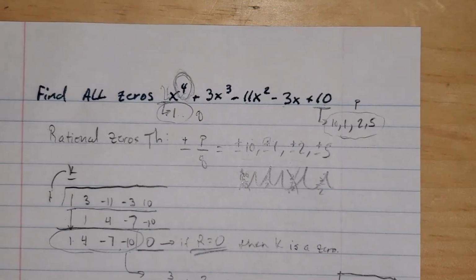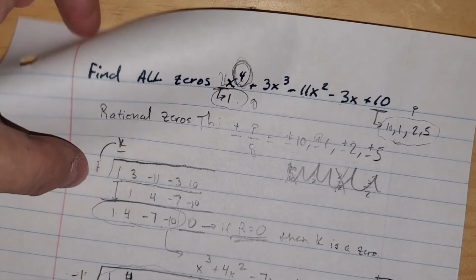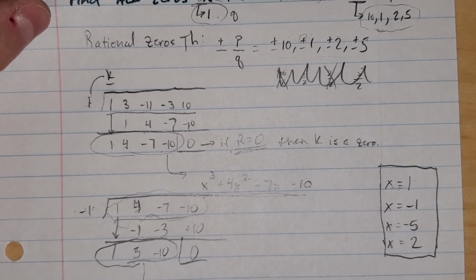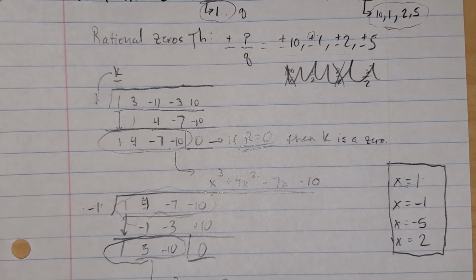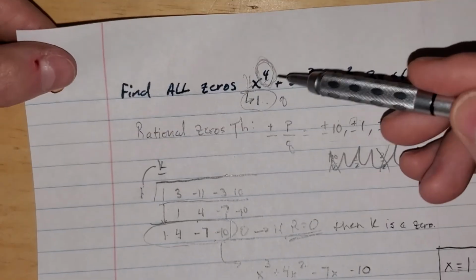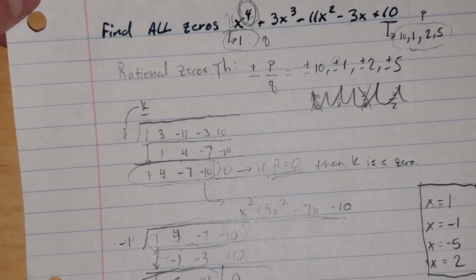And so you come down here and see my answers: 1, 2, 3, 4 answers. So for a fourth degree polynomial, once you find 4 answers, you don't have to keep looking. If this were a fifth degree polynomial, then I would ask, we're missing one, where's the fifth one?